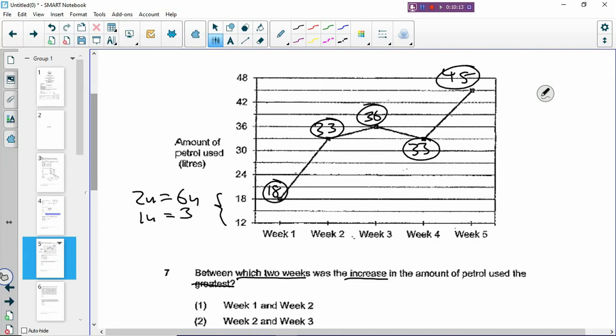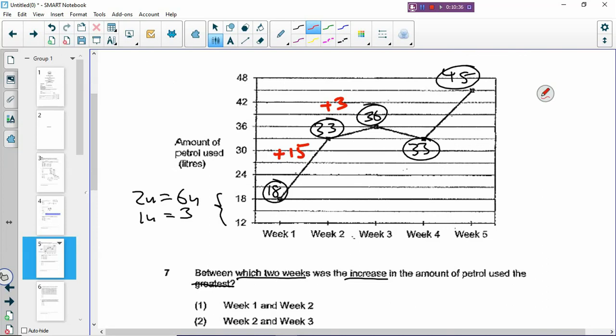So how do you find the greatest increase? You compare every 2 weeks. For example, if you look carefully from week 1 to week 2, what's the increase? You take 33 minus 18, there is an increase of 15 liters. And then you look at week 2 to week 3, there's an increase of 3 liters.